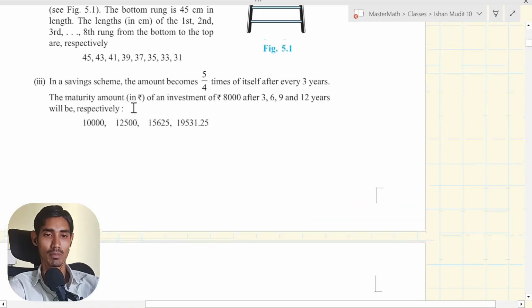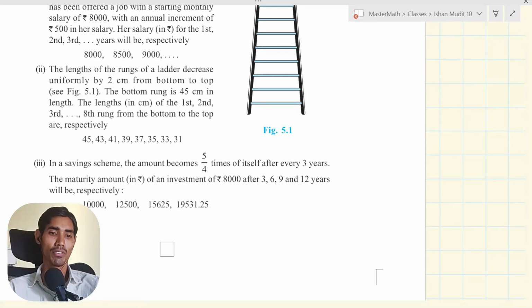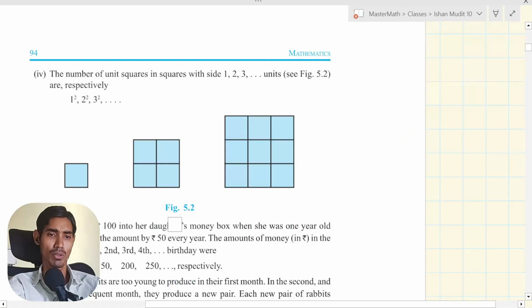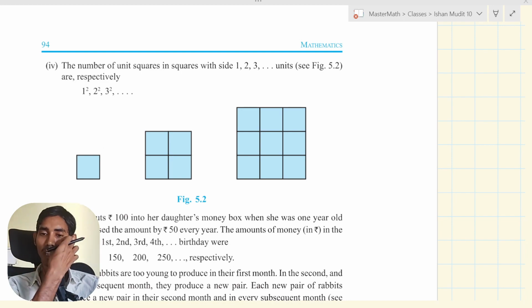And one more, this is with compound interest. We'll do compound interest later. Okay, so 1 square, 2 square, 3 square. This is another example. So we saw these 2-3 examples.